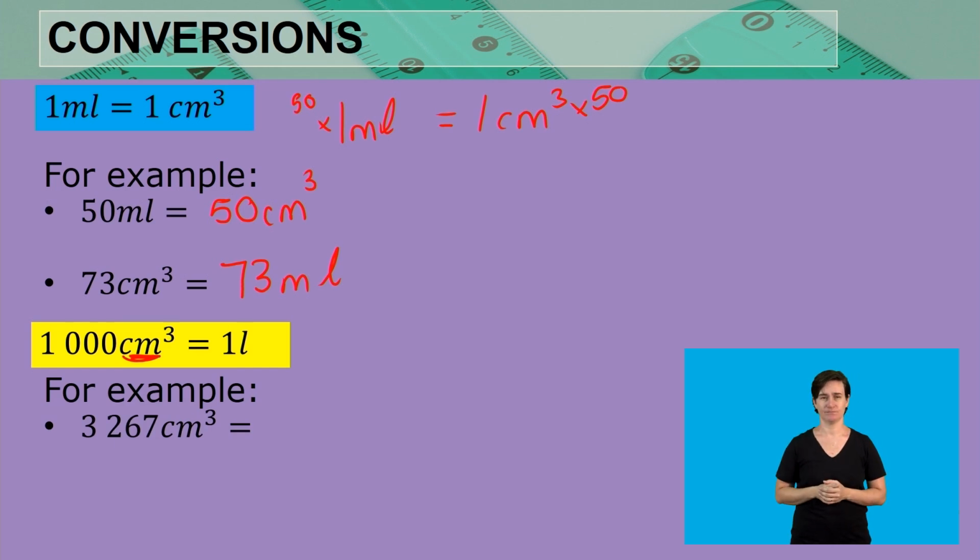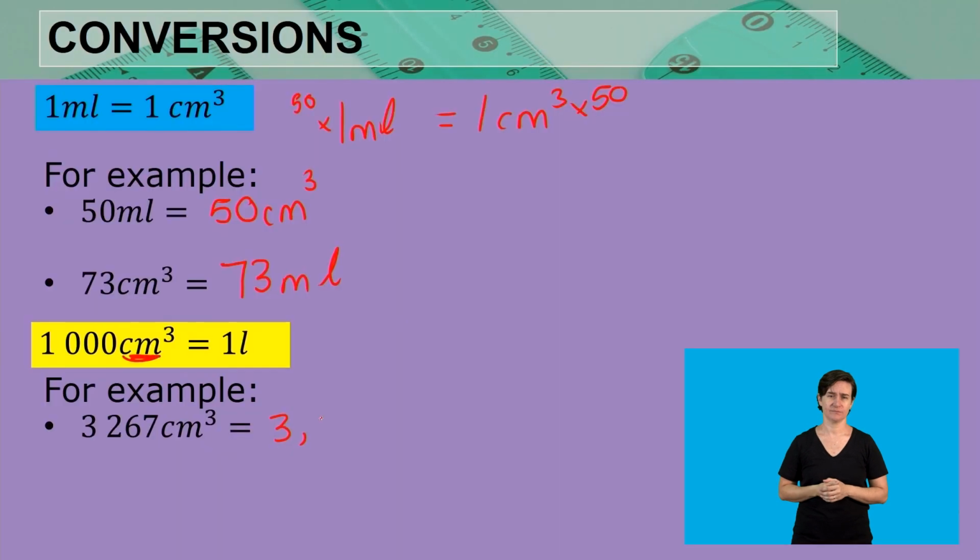Now if 1,000 centimeters cubed is equal to 1 liter, how many liters do you think 3,267 centimeters cubed will be? Now if you have 3.267 liters, then you are absolutely correct. We got that answer by taking our 3,267 and dividing that by 1,000. And that is how we convert from centimeters cubed to liters.